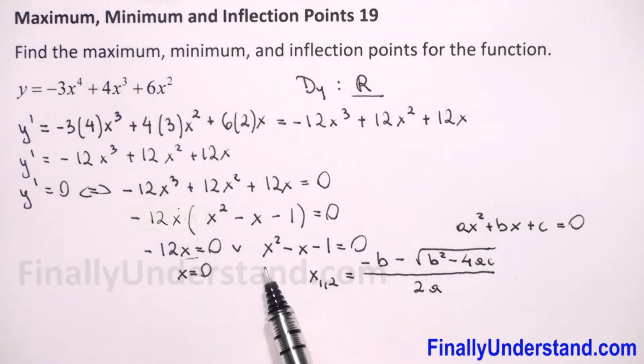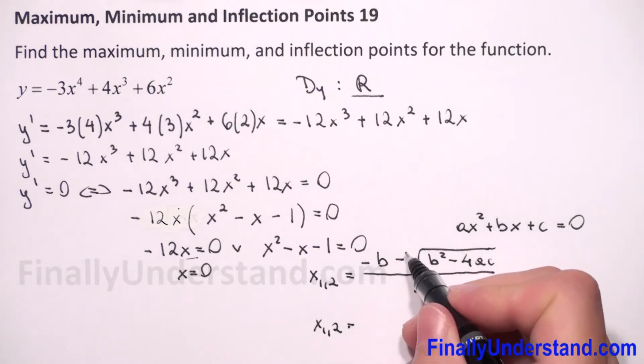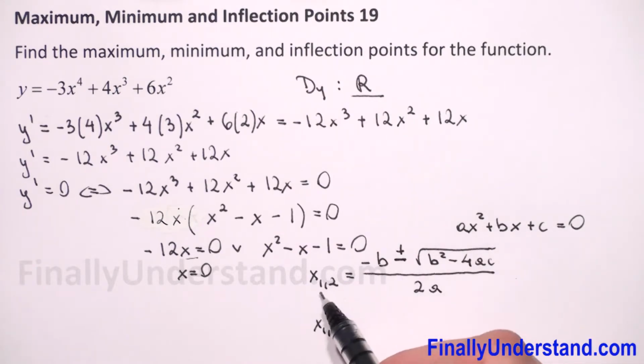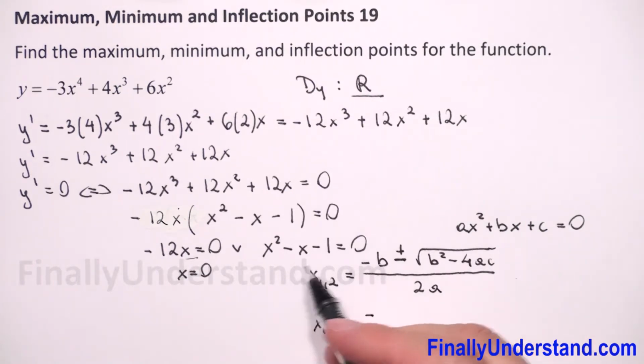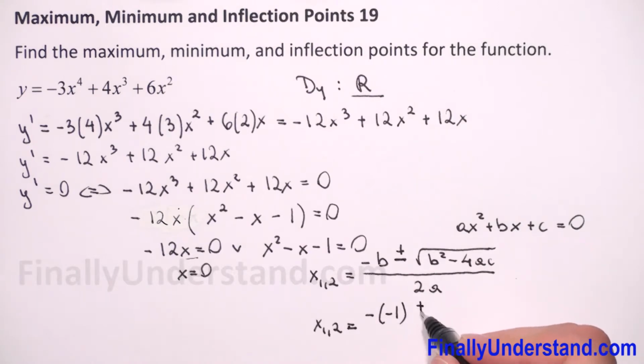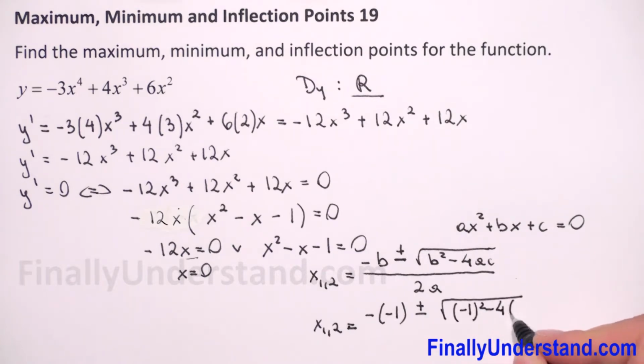So in our case, a is equal to 1, b is equal to negative 1, and c is equal to negative 1. Of course, I forgot to add plus or minus, because we have two solutions. So we have negative b, so it will be minus negative 1, plus or minus the square root of negative 1 to the second power minus 4 times a is 1 times c is negative 1, over 2 times 1.